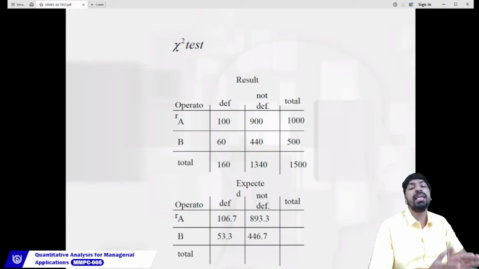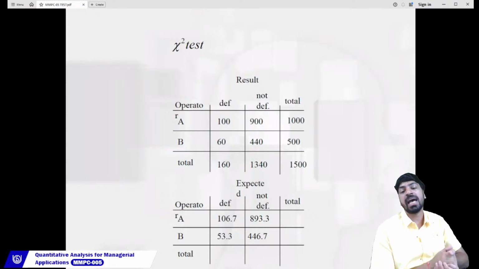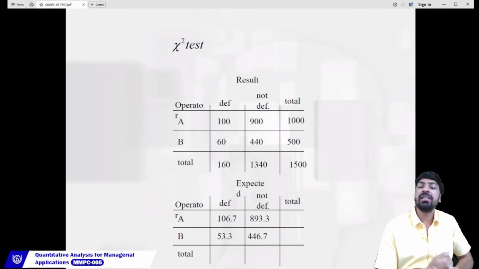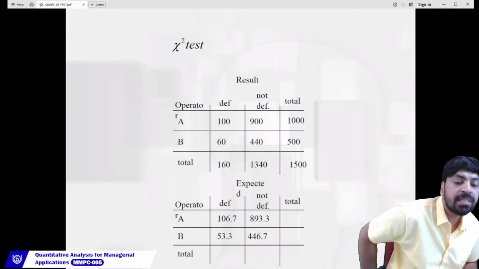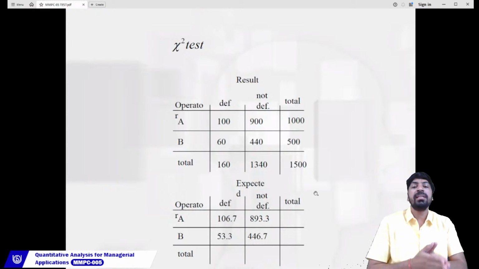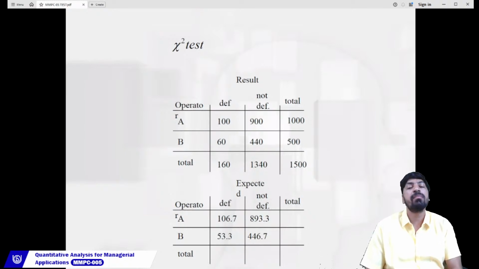So these are the expected frequencies that have been calculated. Now, the observed frequencies were given in the question, and after calculating the expected frequencies, the time comes to apply the chi-square formula, which is a mathematical formula.